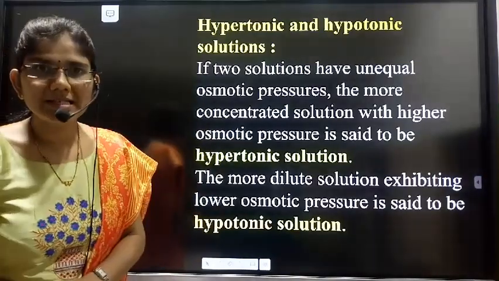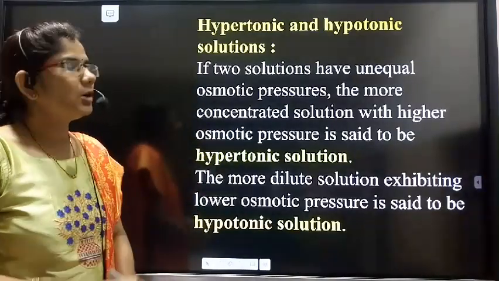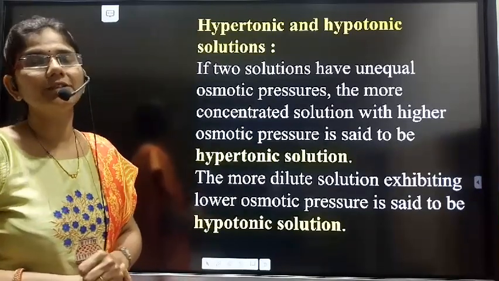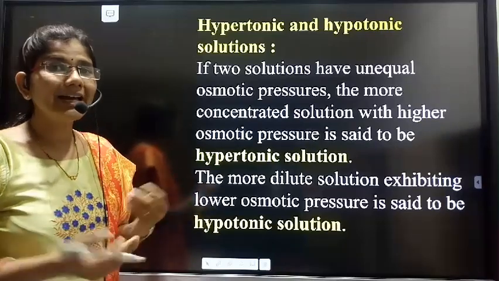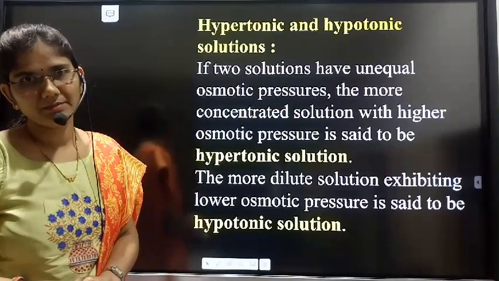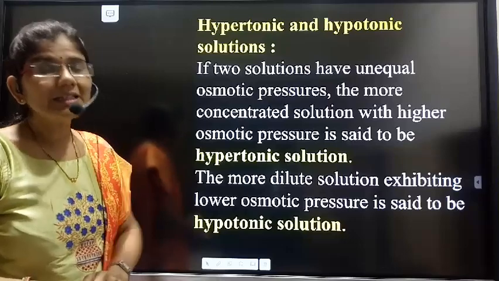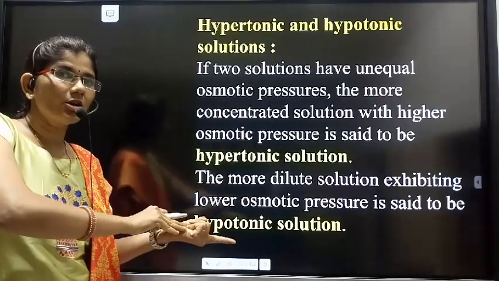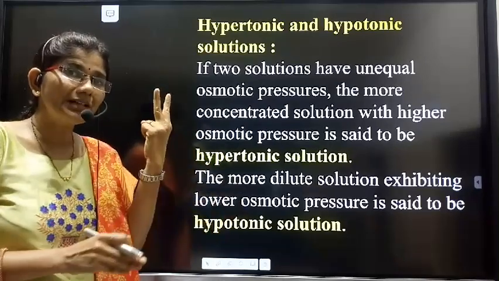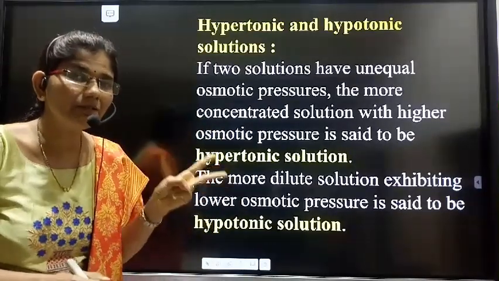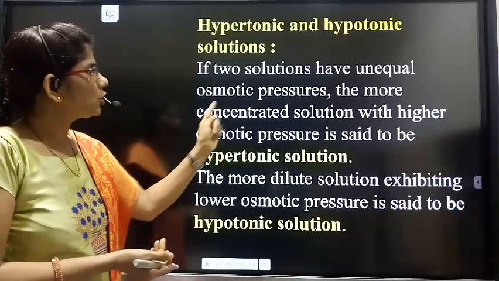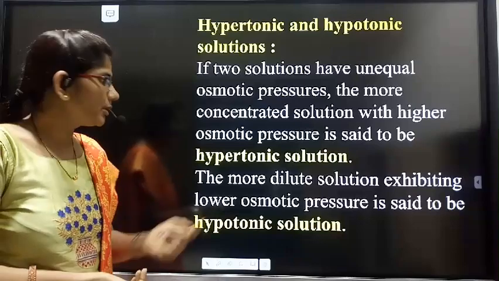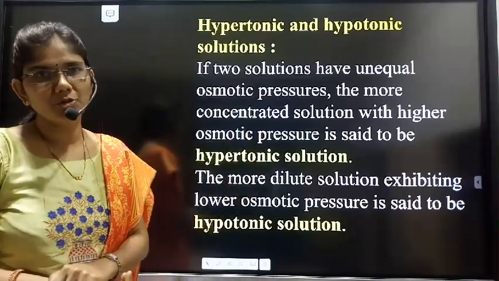Then, next, what is meant by hypertonic solution? If the two solutions have an unequal osmotic pressure, that means they do not have the same osmotic pressure, then the more concentrated solution out of those two solutions, with the higher osmotic pressure, is said to be a hypertonic solution.